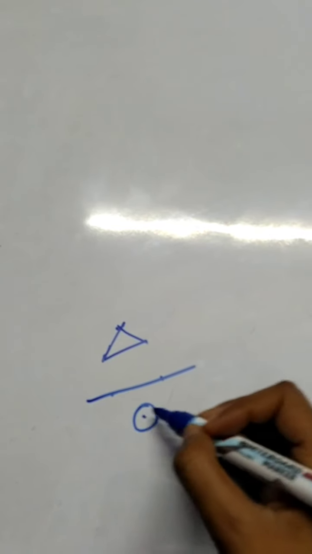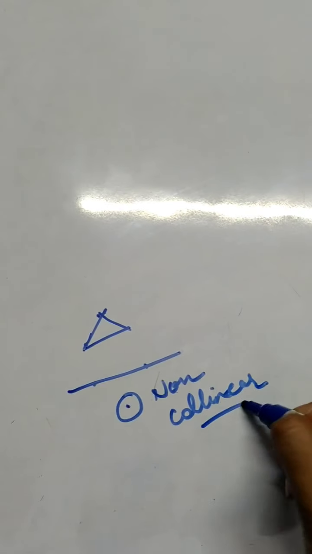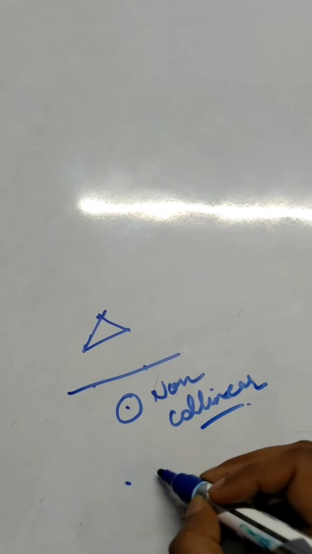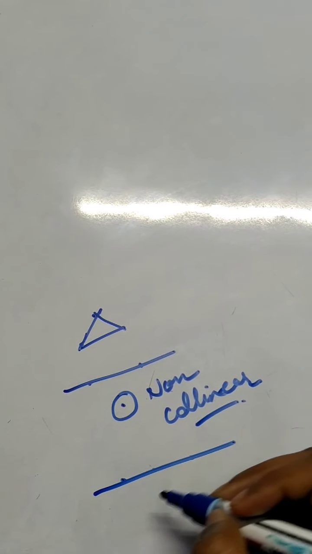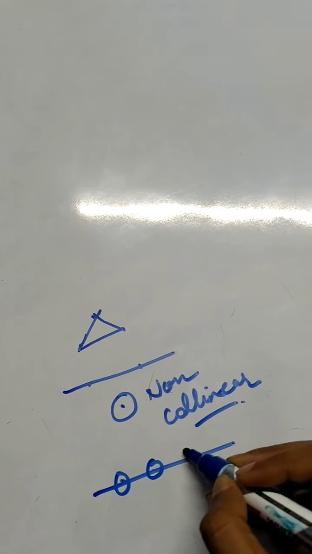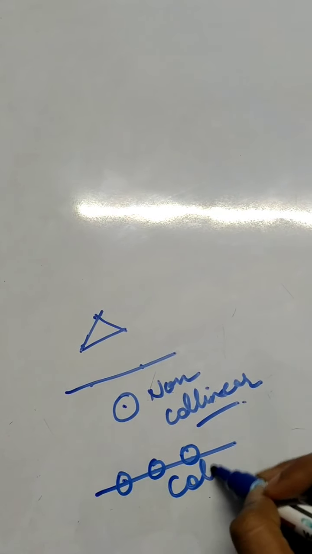Like if I am having 3 coordinate points which are different, so they are not collinear because they are not on the same line, like this one. So this is a non-collinear point. While if I have these 3 points, this point, this point and this point are collinear.